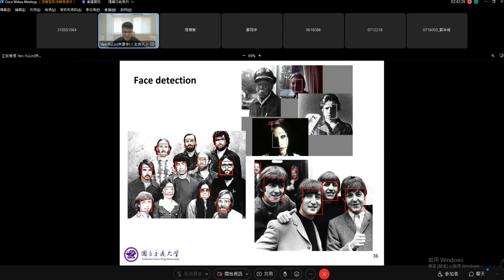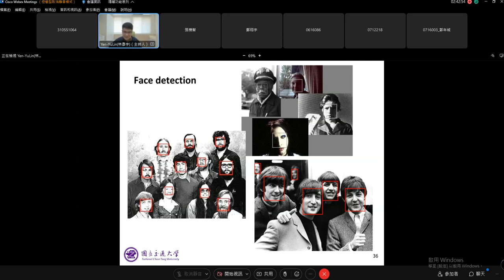There are 11 faces in this image. So this is the perfect face detection result because all 11 faces are detected and there is no false positive. For each detected face, we can use a rectangle or a square to indicate the size and the location of this face.